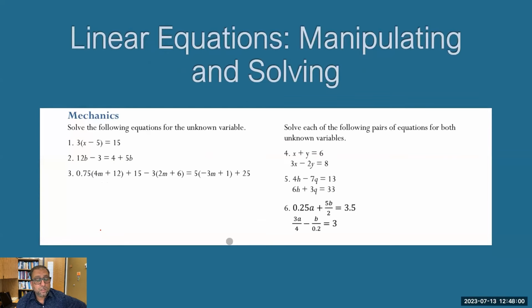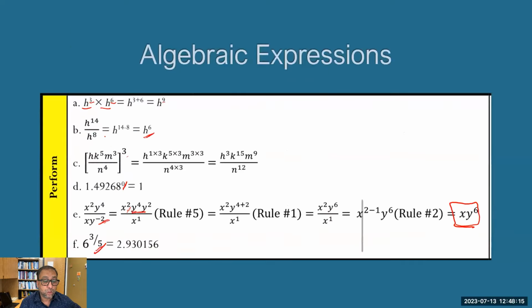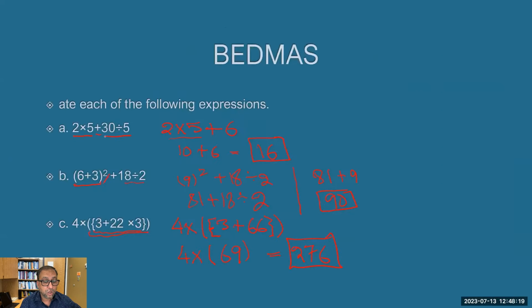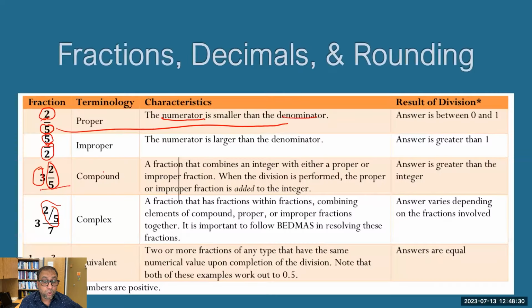Now the last thing is linear equations, manipulating and solving, how we deal with an equation. First of all, if there is an equal sign in the mathematical expression, then we define it as an equation. If there is no equal sign, then it is not an equation, like this one. This is also not an equation, because there is no equal sign here.